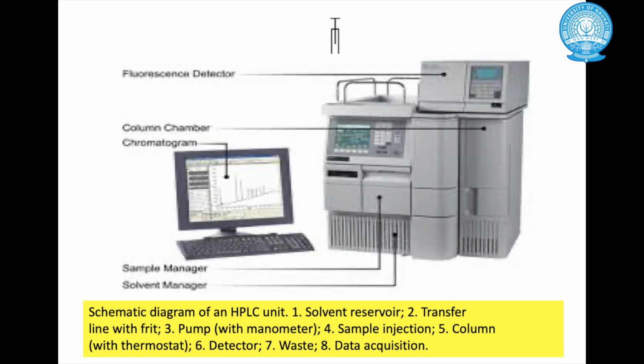Otherwise, silica is polar, and if we use silica alone in a column, then the column will be called normal phase column, and if we use a derivatized silica with octadecyl compound like a C18 compound attached to the hydroxyl group here, then it becomes a reversed phase column, and nowadays commercially reversed phase C18 columns are available.